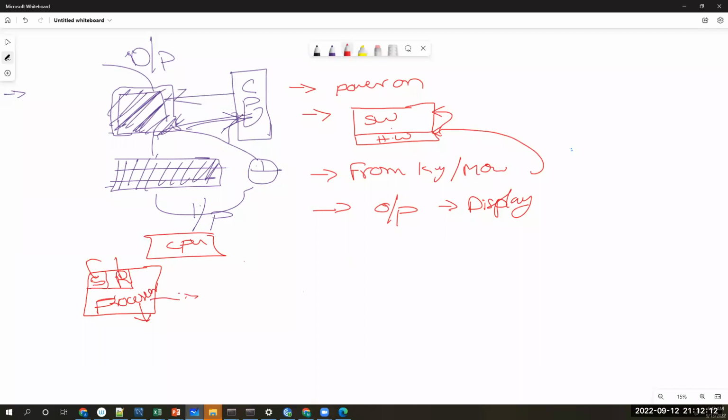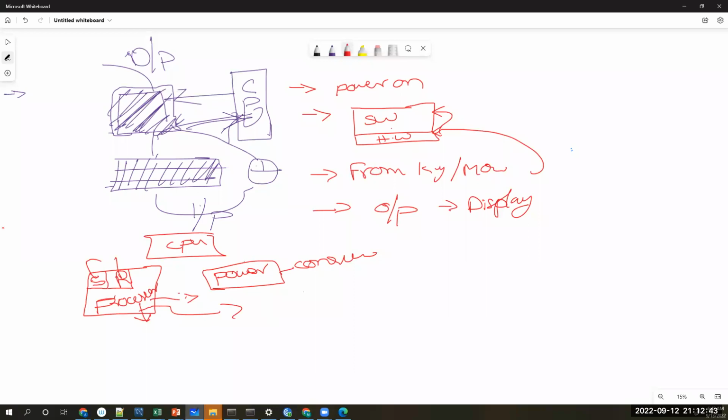What is the food for the processor? Nothing but power. Power consumption. How does the processor understand instructions and all those things? Through binary.